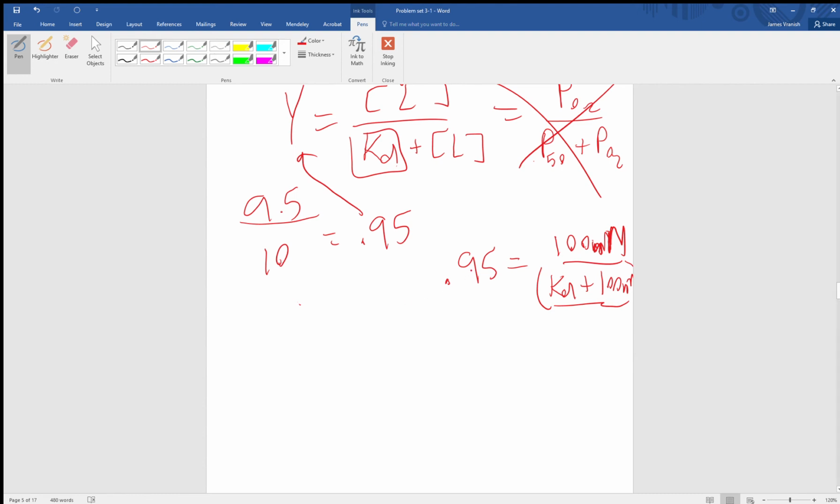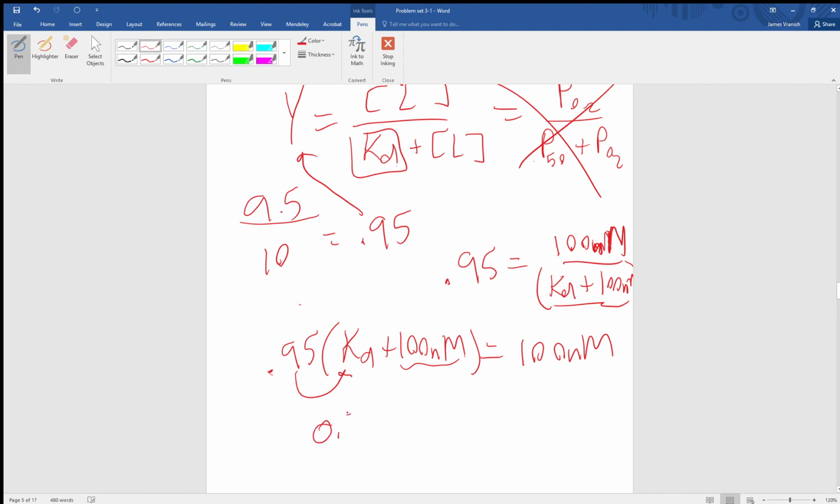So what it looks like then is we have 0.95 times KD plus 100 nanomolar is equal to 100 nanomolar. Now we have to multiply through. So we have 0.95 KD, and then this part here will become 95 nanomolar. So 0.95 times KD plus 95 nanomolar equals 100 nanomolar.